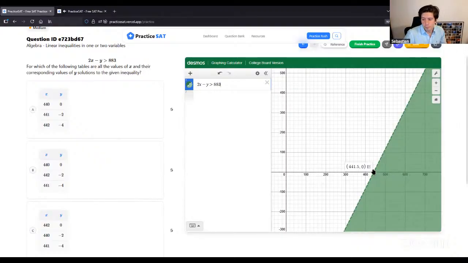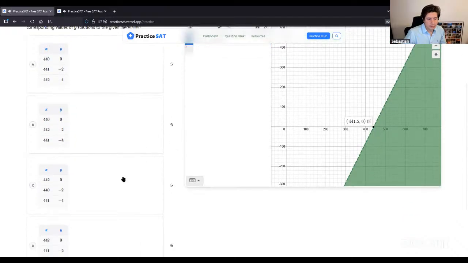So 440 would not be 0. 440 would be there. Okay, so 440 has to be, let's see, -3. So it has to be greater than -3. That works for all of them.